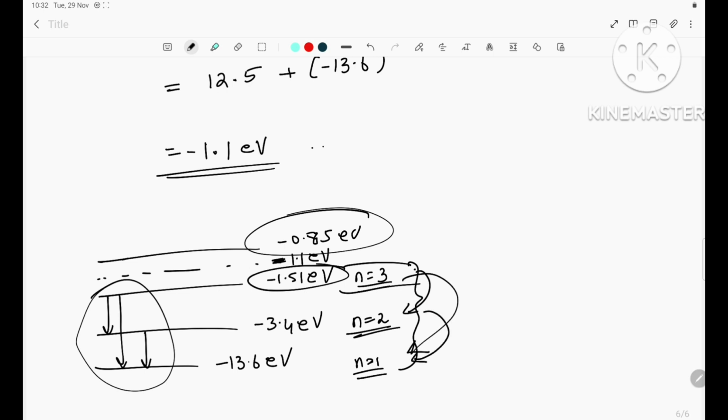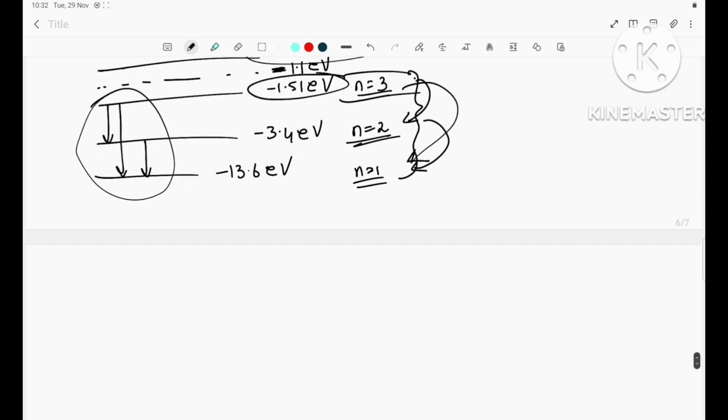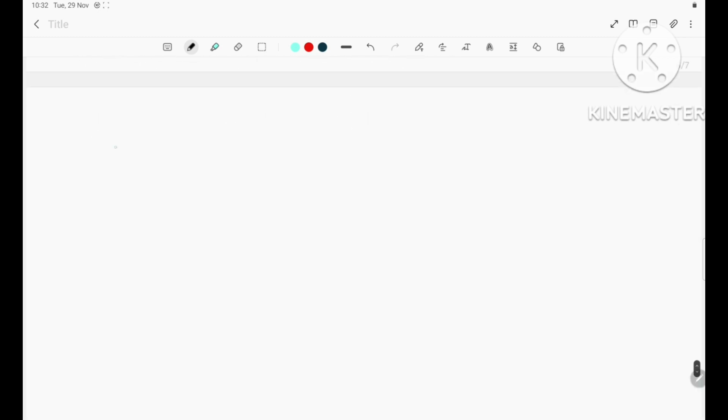So these spectral series are possible, and they are asking us to calculate the corresponding wavelengths, right? So you know that for Lyman series n1 is equal to 1 and n2 is equal to 2 in this case.